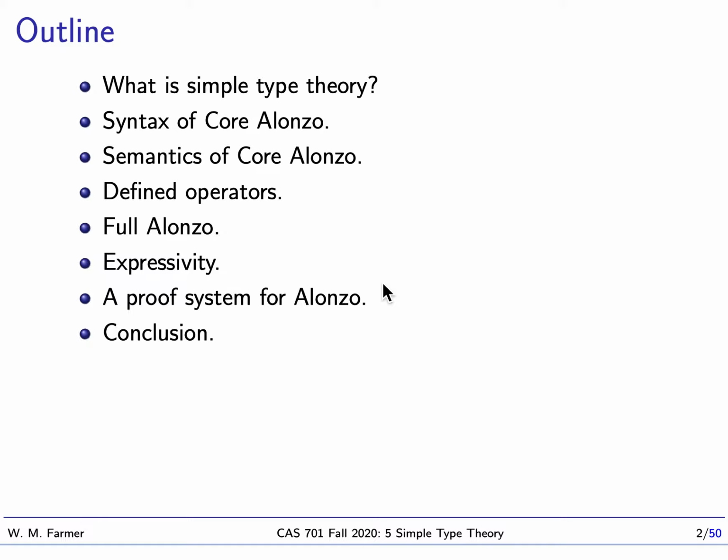We'll move on to full Alonzo, an expanded form of Alonzo. Then we will discuss a series of examples that show the expressivity of full Alonzo. And finally, we will conclude with a proof system for Alonzo and a series of remarks about Alonzo.